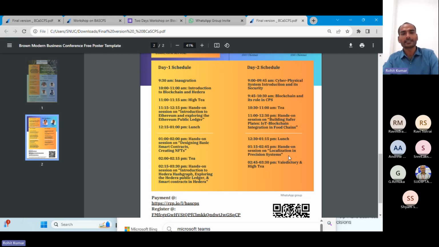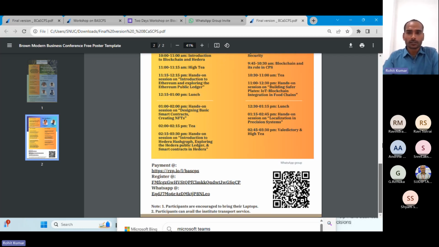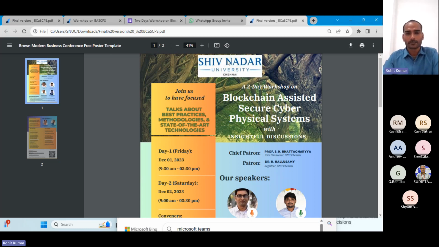Firstly it creates a map, that's why the term is simultaneous localization and mapping. It creates a map using cameras, and then it localizes the environment. It means this particular object is this much far from me, and that's why I should not touch it, or should I touch it, how frequently should I touch it to enable it or something like that. All the cognitive sort of powers come from that side only. So that's all. If you are interested, you can attend it. That's all from my side.